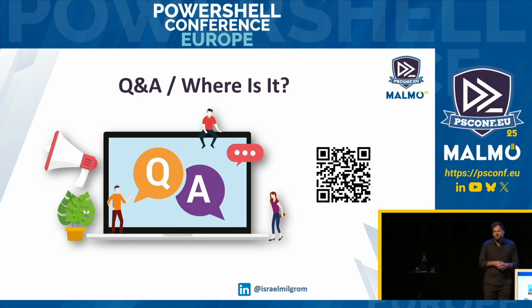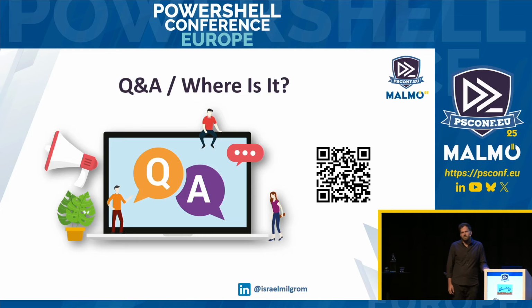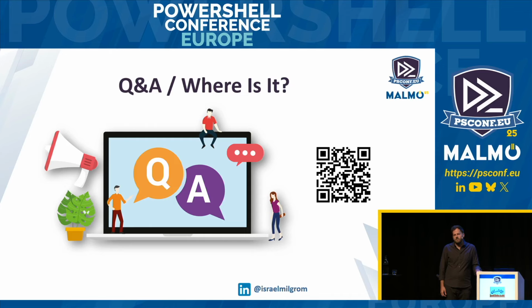Question: What was the rationale to migrate the code so that it's compatible with Windows PowerShell and PowerShell 7 at the same time, instead of just migrating it to PowerShell 7? Well, mainly because it's a large code base, and because we couldn't really allow for failures. If the monitoring tools are failing for whatever reason, it's maybe okay.